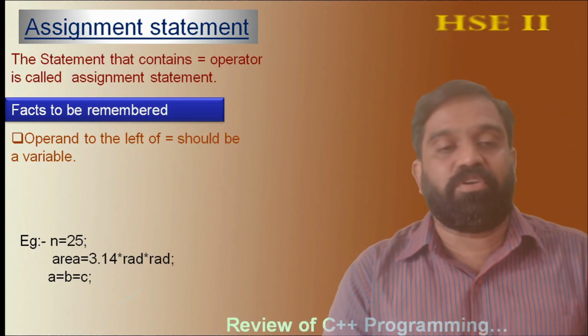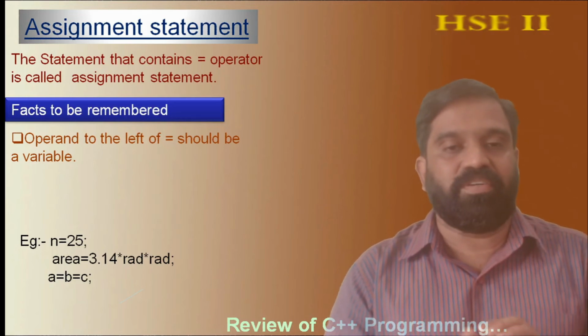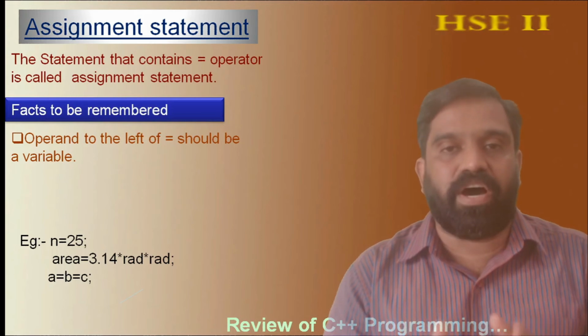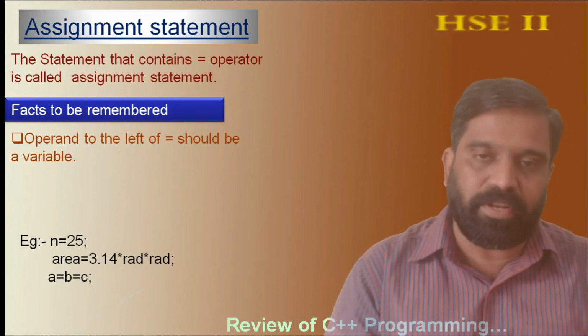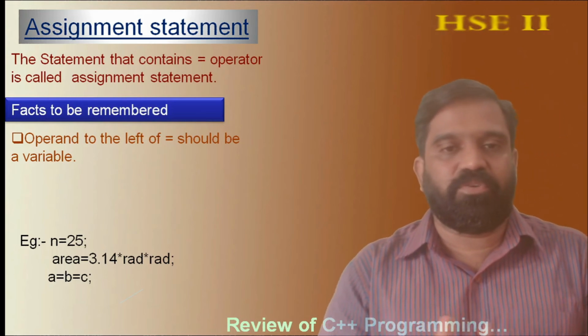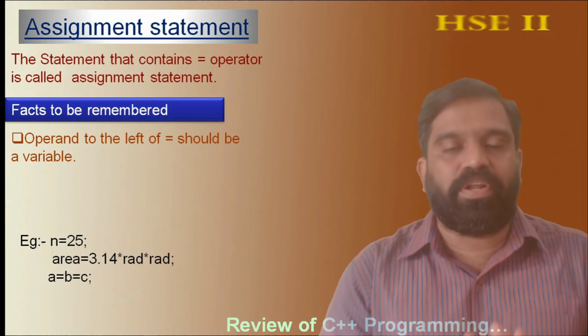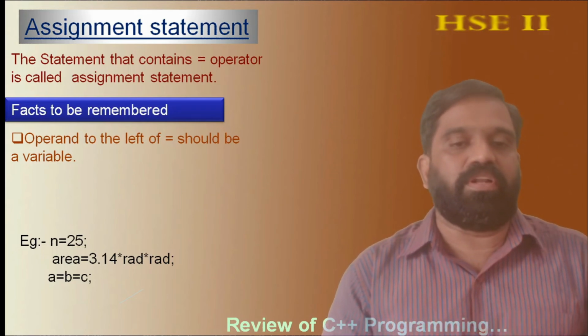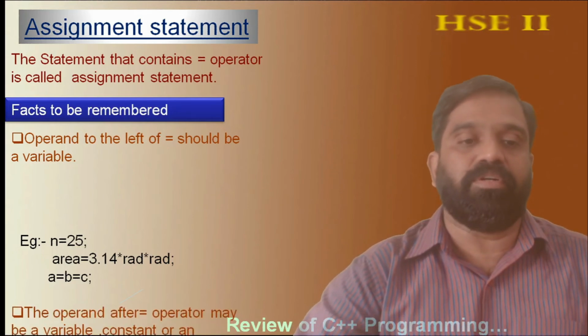In the second example you can see area, that is a variable. The value returned by 3.14 into rad will be stored in the variable area. So that is why the operand to the left of equal should be a variable.